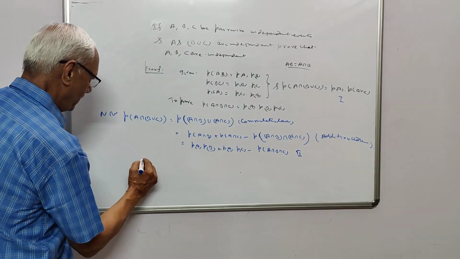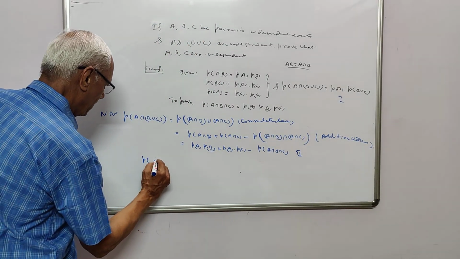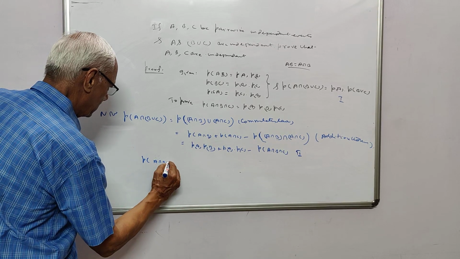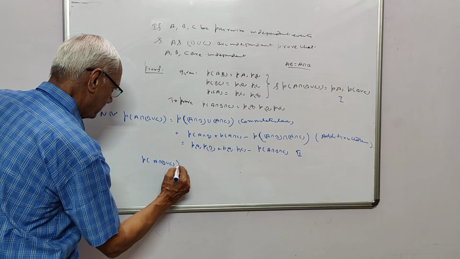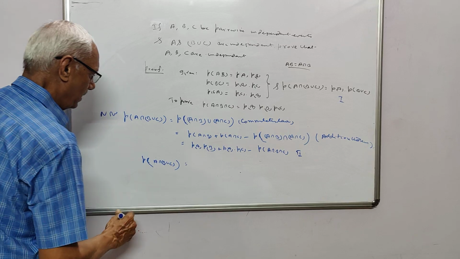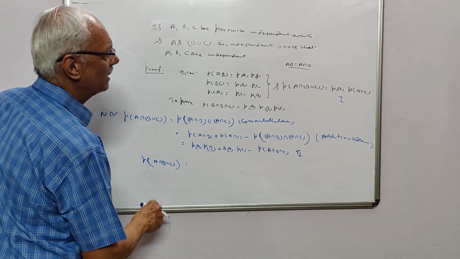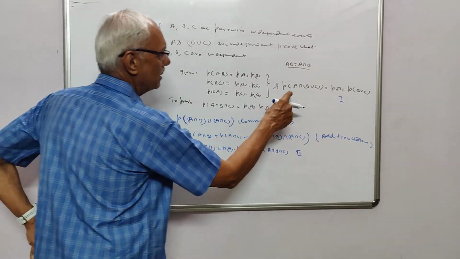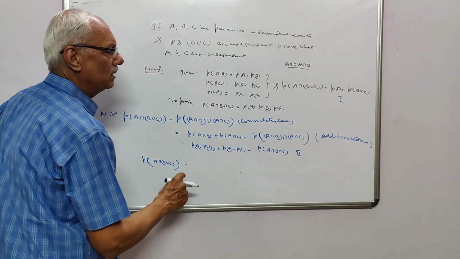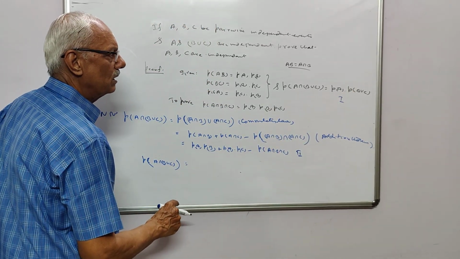Now P of A intersection B union C. But A and these two are independent.